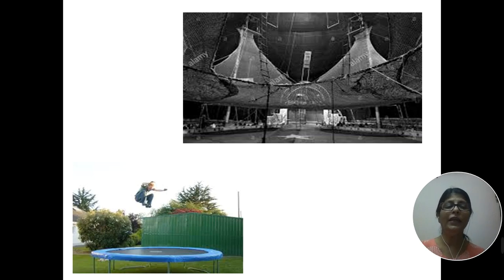So what is happening? At the time of the fall of the acrobat, the energy of the acrobat is absorbed by the net and the net is getting deformed elastically. When the energy of the net is released, the acrobat is again thrown into the air and the second impact occurs. And this continues.